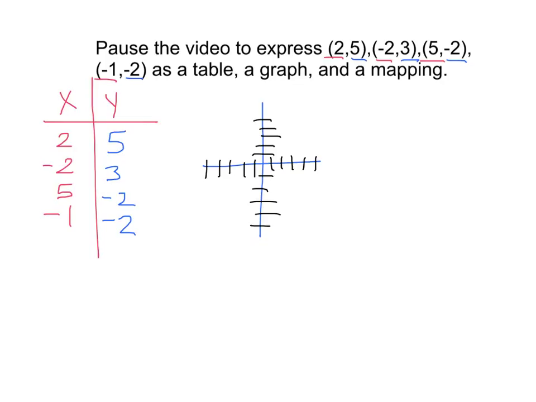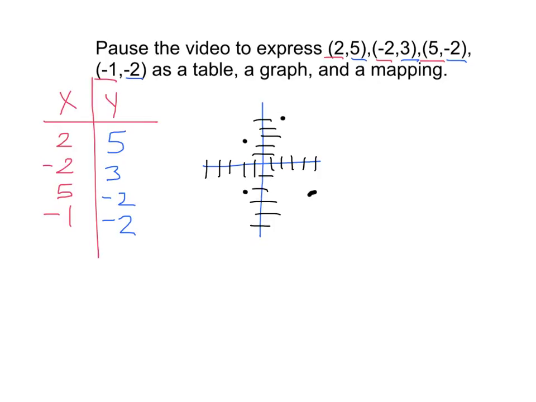So I go over 2 and up 5 for my first point. Then -2 and 3: I go -2, which is in the left direction, and then up 3. Then 5, -2: 5 is positive, so we go over 5 and down 2 in the negative direction. The last one is -1, which is left, and then -2.